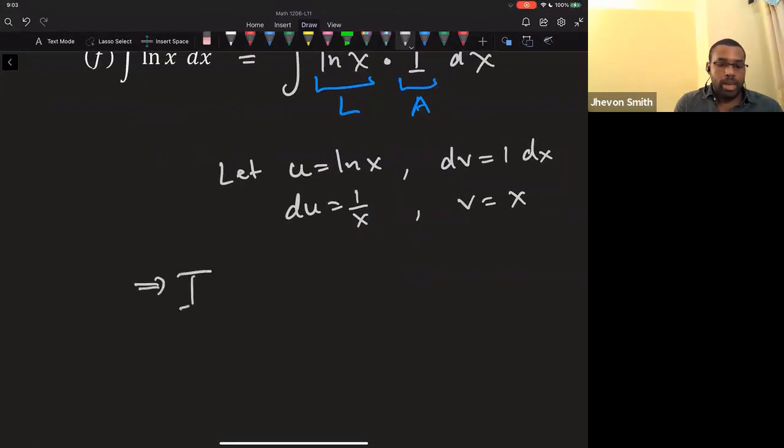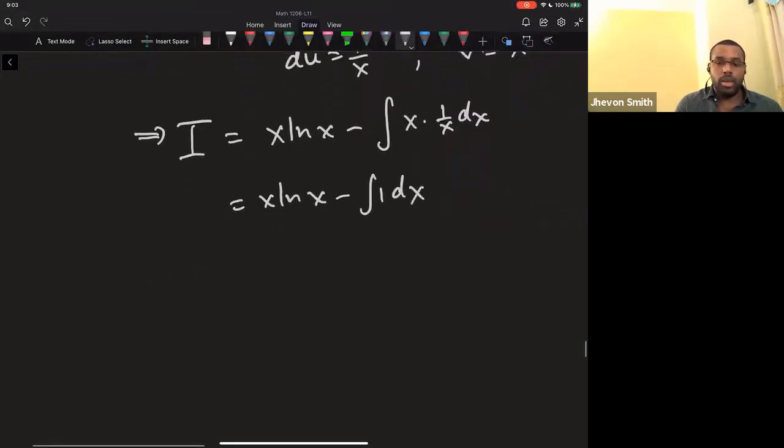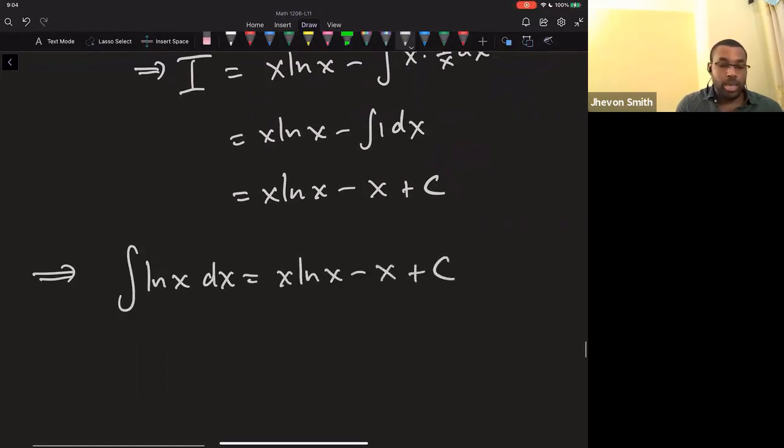So I is equal to u times v minus the integral of v du. That's just x. And so you get that the integral of ln x is x ln x minus x plus c.